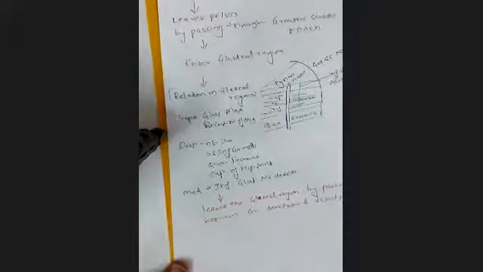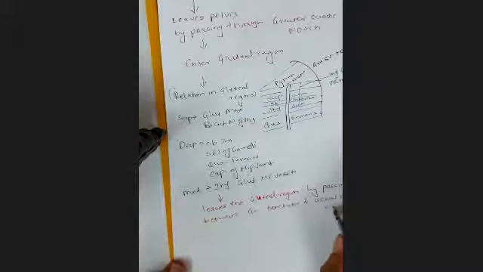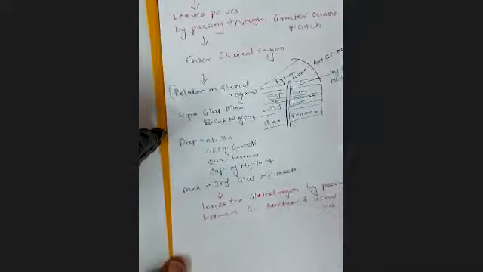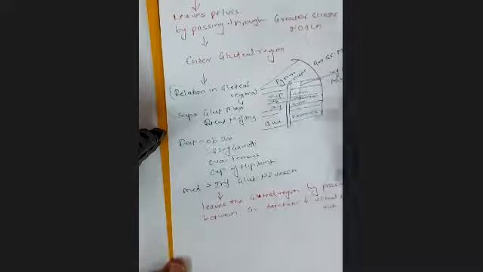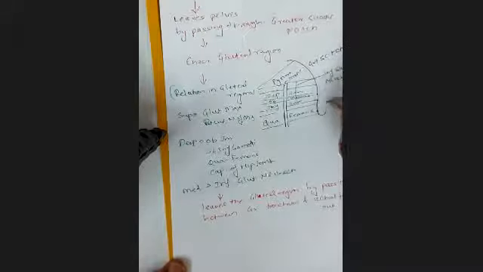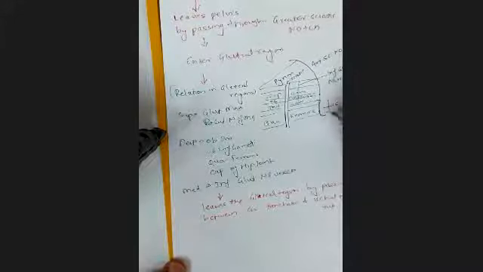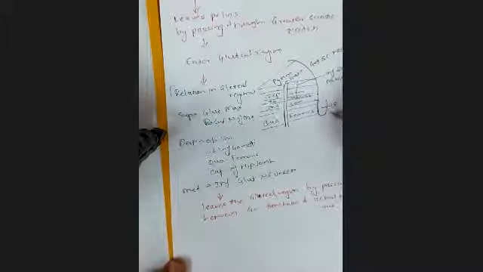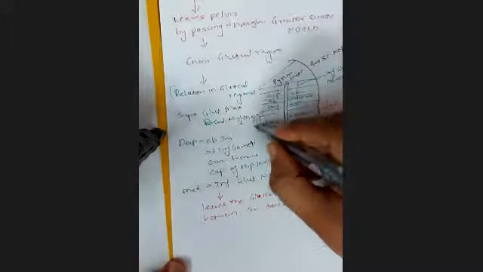The quadratus femoris, what we are seeing here, takes its origin from the ischial tuberosity and gets inserted on the greater trochanter.